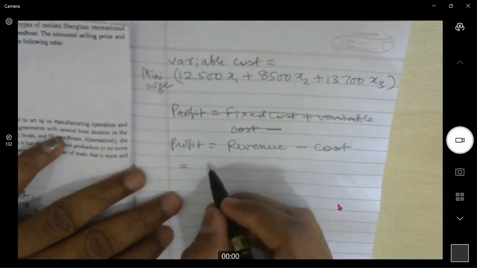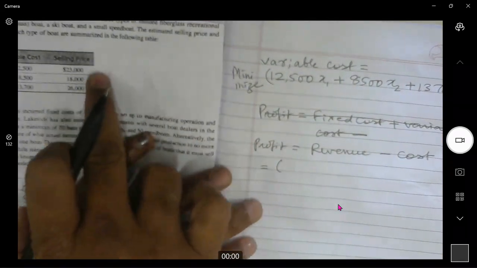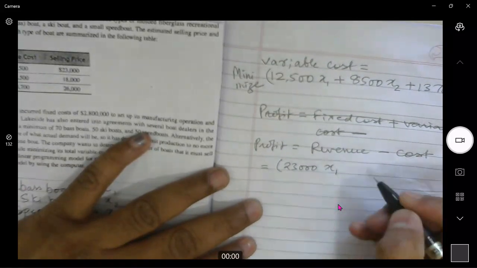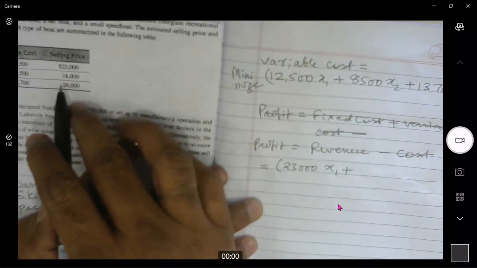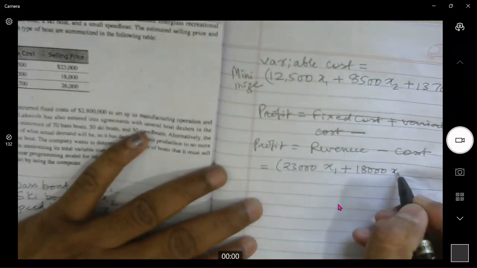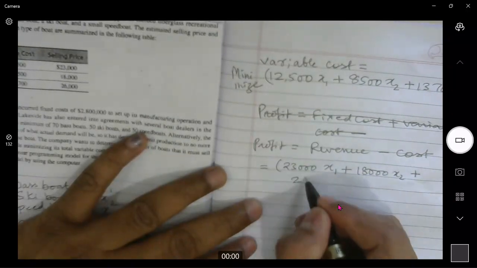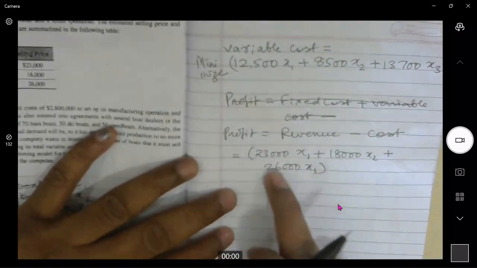In this case, you can see the selling price is given. So 23,000 into x1 plus the selling price of ski boat, 18,000 into x2, plus 26,000. Speedboat is very costly, 26,000 x3. So this whole thing is the revenue.